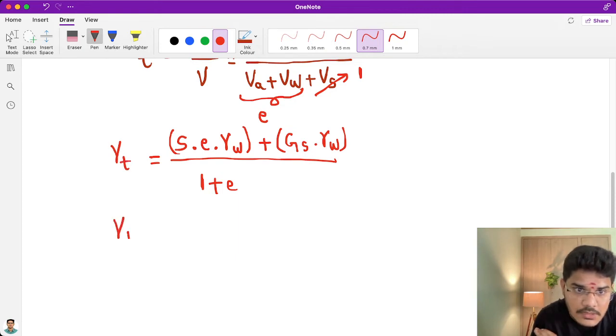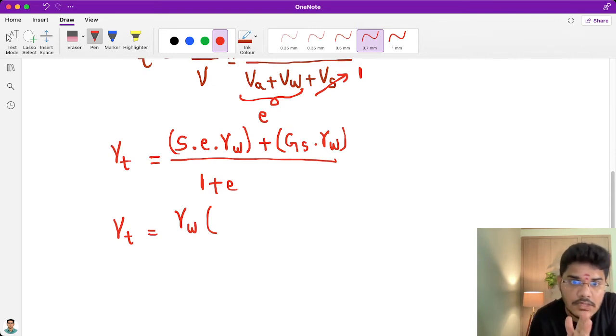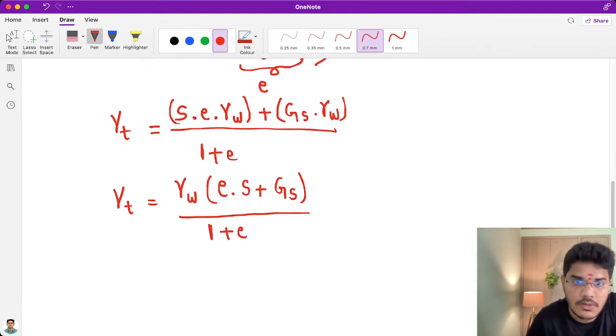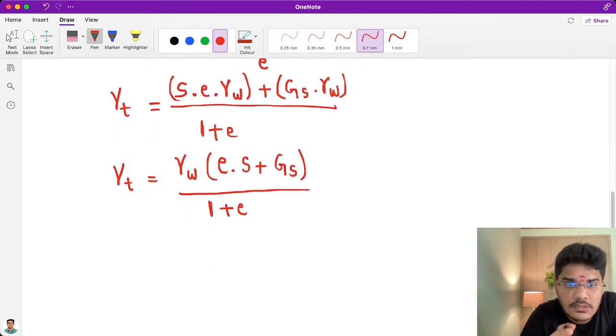So gamma T is equal to, if you take unit weight of water as common in both Se into gamma w and specific gravity into gamma w, then it becomes (e S plus Gs) into gamma w by (1 plus e).